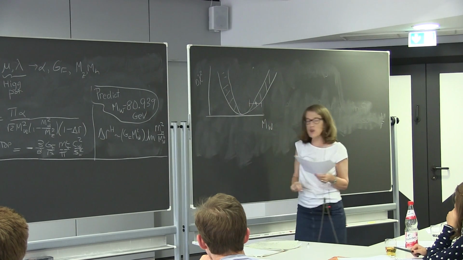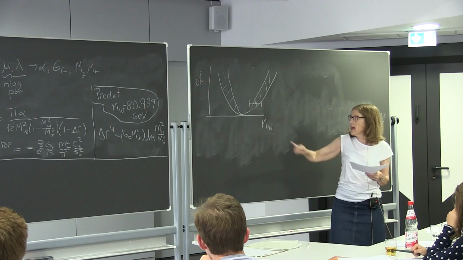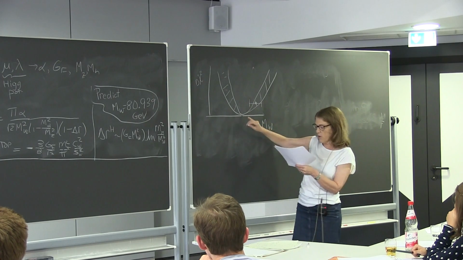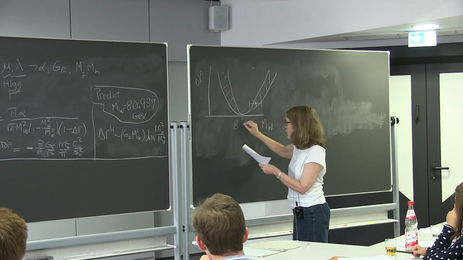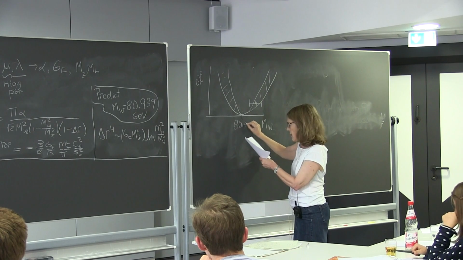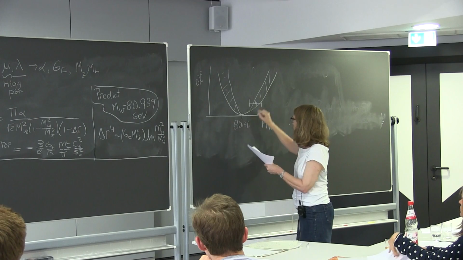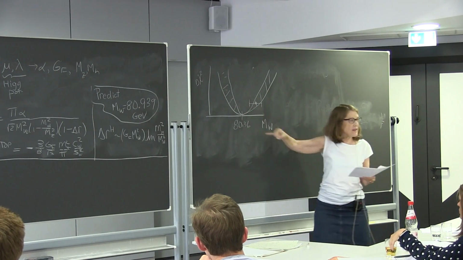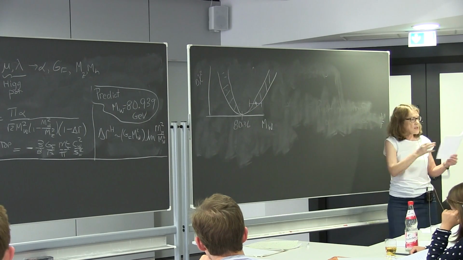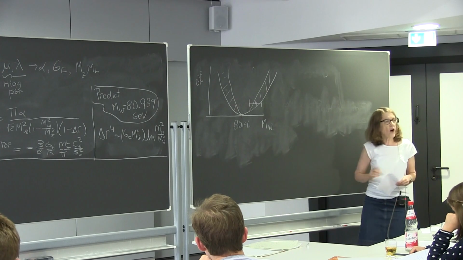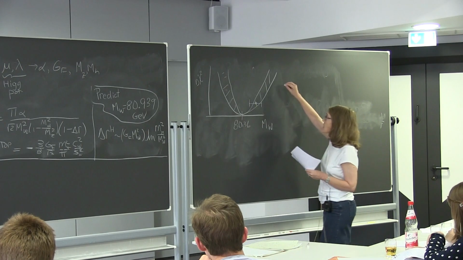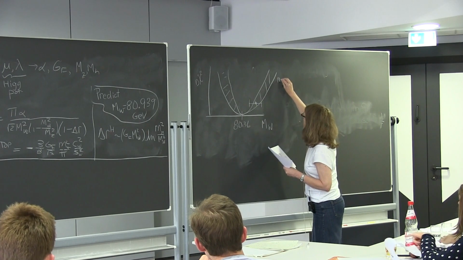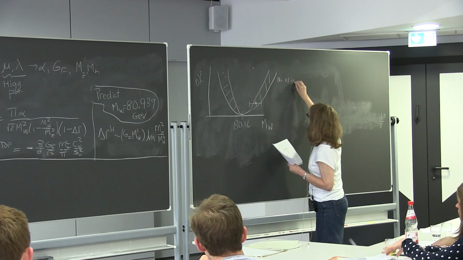It doesn't look too bad when you do this global fit, except the minimum is over at, I erased the measured value. That wasn't too good. But it's off. The minimum of the chi-squared is more than 1 sigma off from the measured value. So it's not perfect. This is the fit with no W in it.